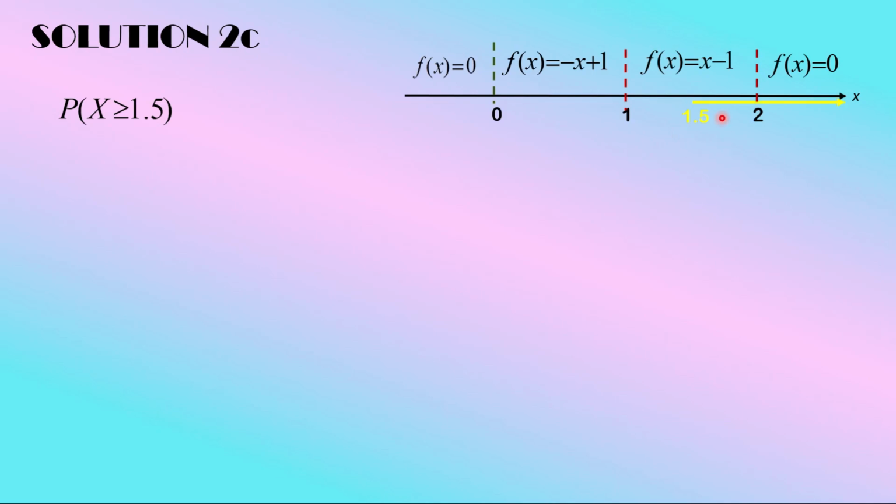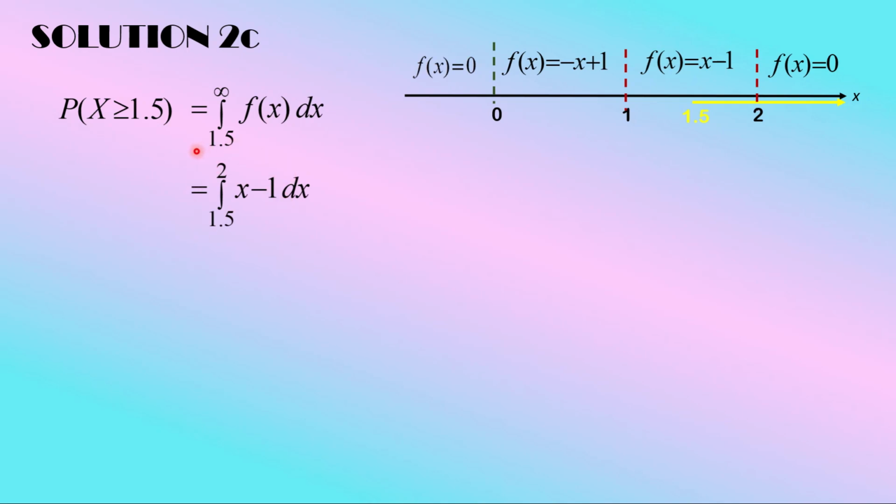Find the probability of random variable x greater than or equal to 1.5. Here is 1.5. The yellow arrow represents x greater than or equal to 1.5. So the probability is solved by integrating from 1.5 to infinity for the function f(x) in the following intervals.